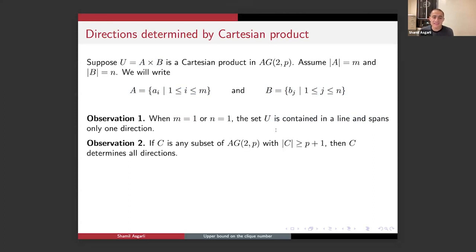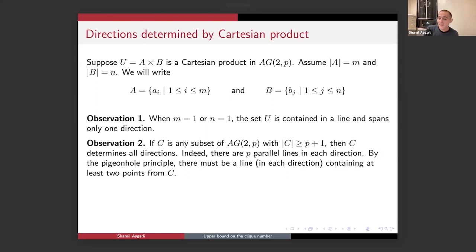Observation 2 is that if C is any subset of AG(2,p) with size at least p plus 1, then C determines all directions. So this is a general fact that if you have at least p plus 1 points, then you determine all directions. Now, why is that? This is from the pigeonhole principle, because there are p parallel lines in each direction.